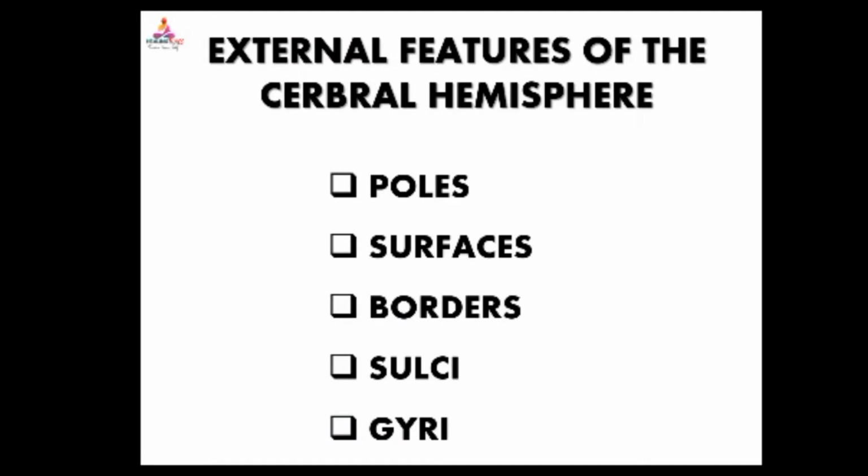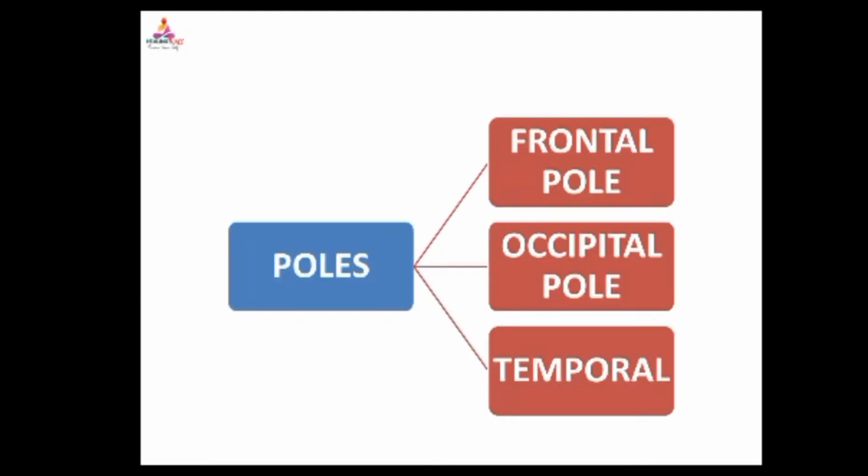Now the external features of the cerebral hemispheres. The external features of the cerebral hemisphere include poles, surfaces, borders, sulci, and gyri. First one is the poles.